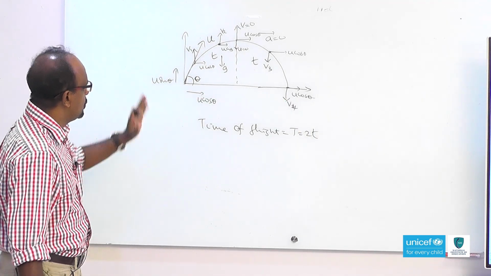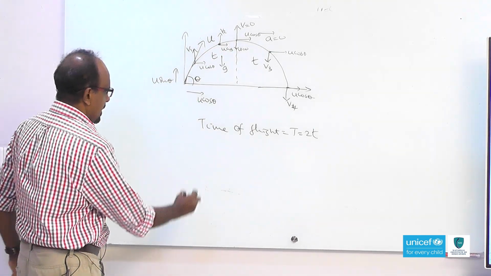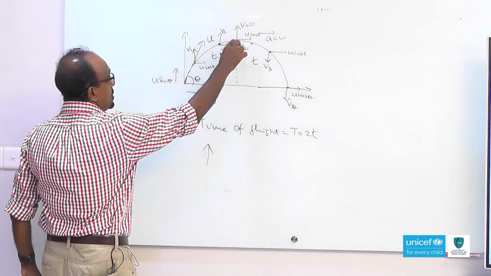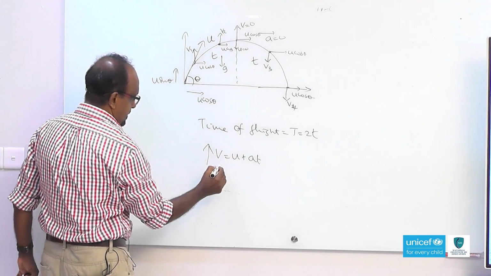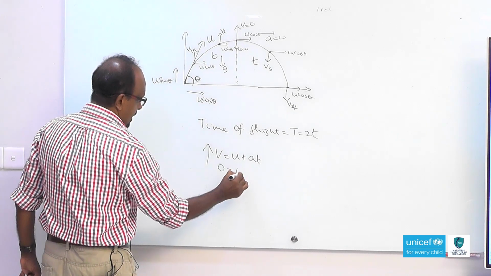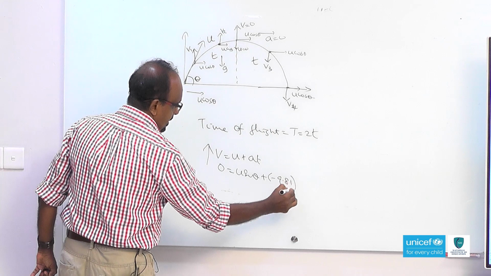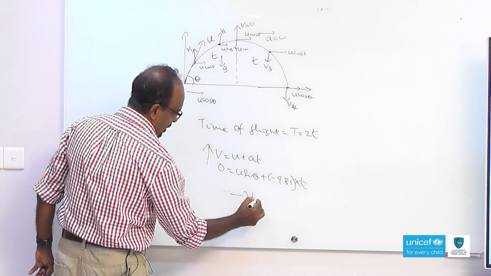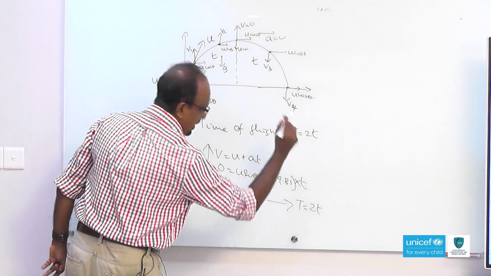So if you can find the time, we can work out the time of flight, because we can use the upward equation. v equals u plus at, v will be 0, u will be u sin theta, plus or minus 9.81 times t, and from here you can find t. Then after that you can find the time of flight.